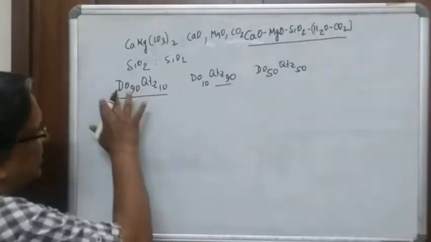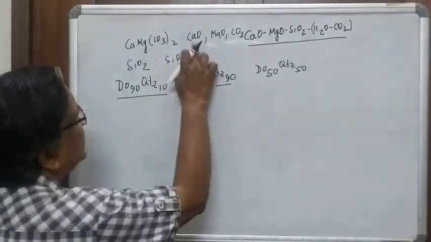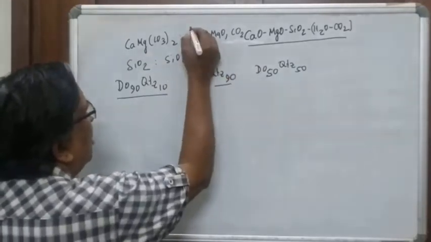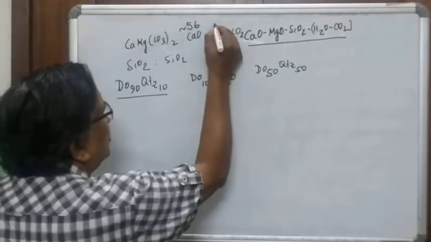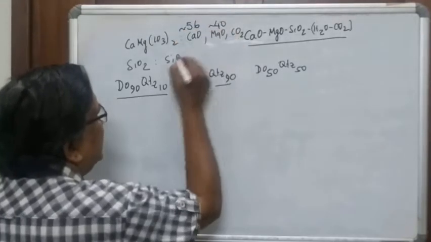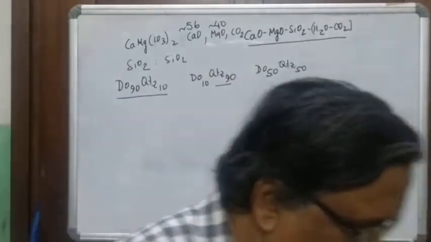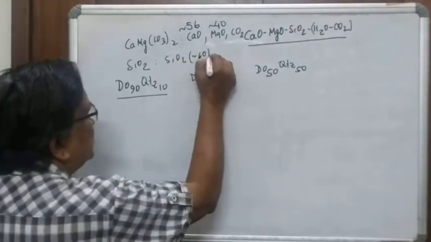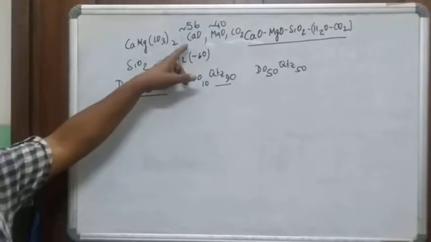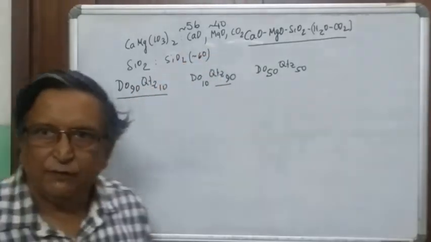But what I'm trying to say is, when you look at these compositions, and you know dolomite contains CaO and MgO, molecular weight of CaO is roughly 56, MgO is roughly 40, and silicon is 28 plus 32, that should be around 60. So the molecular weight of quartz is around 60, CaO is roughly 56, yes, 56, and MgO is roughly 40.